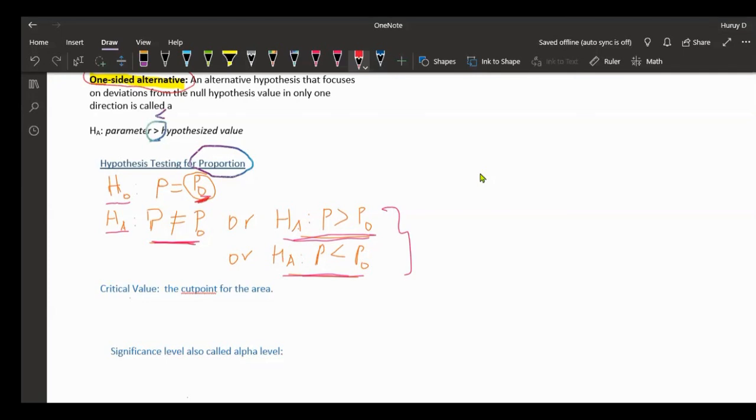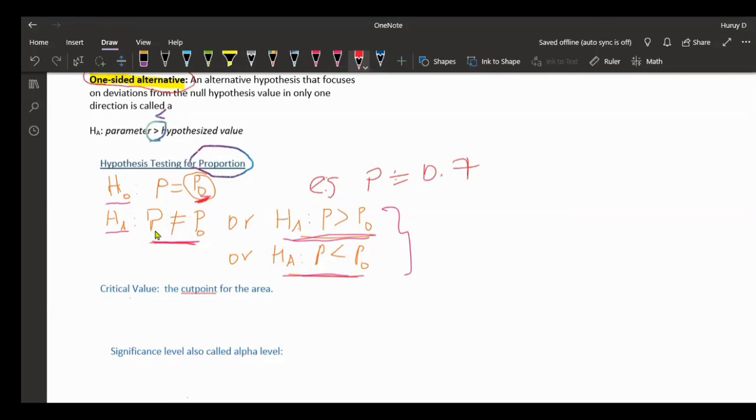So for example, I can write P equals 0.7. Okay, so this is what I'm using P naught to denote.